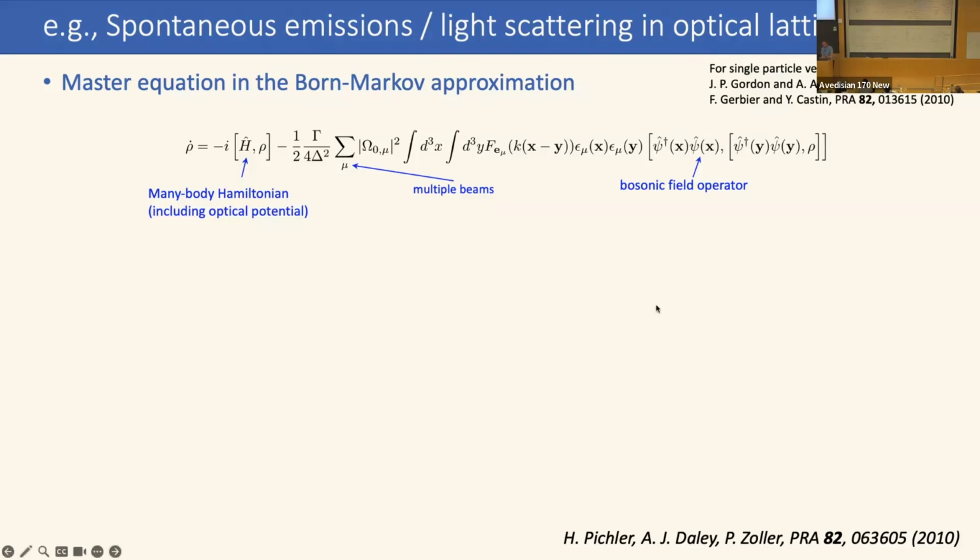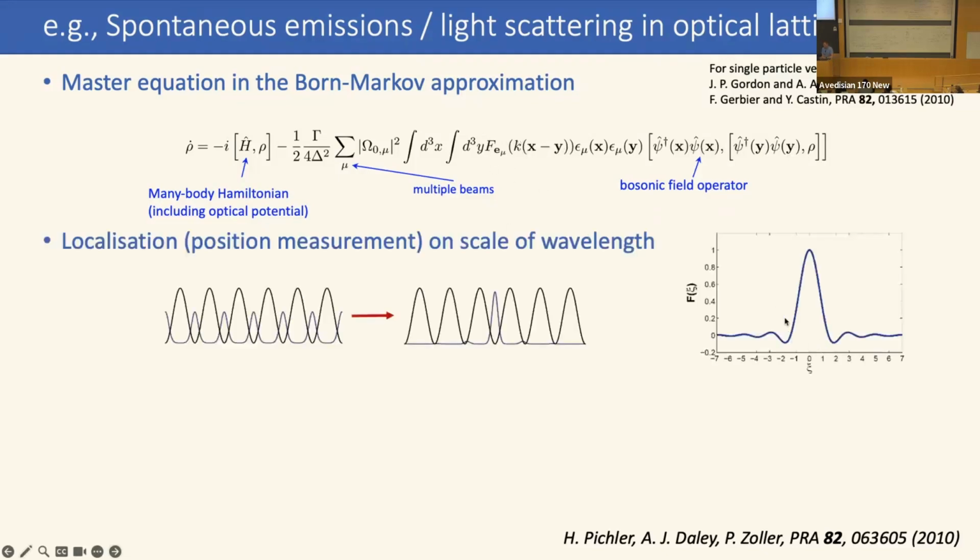If you look closely, there's a function f, which turns out to be localized on a scale of the wavelength of the light. Again, that's the only scale that's left in the problem in describing what's going on here. And when you integrate out all of the different directions that the photons can be scattered in, what you see is that this master equation is almost diagonal up to this wavelength.